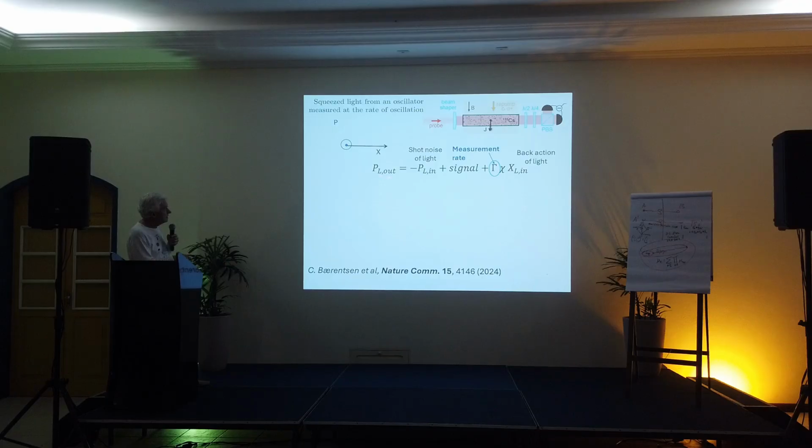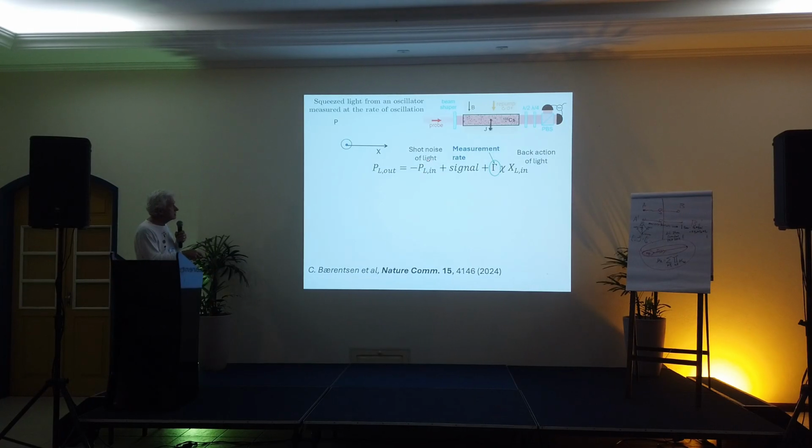So, the light coming out from this machine has the shot noise of light and the back action and the signal. And as it's written now, this quadrature and this quadrature are orthogonal. Can we actually make them not orthogonal?